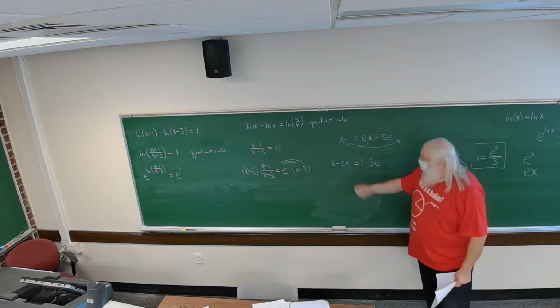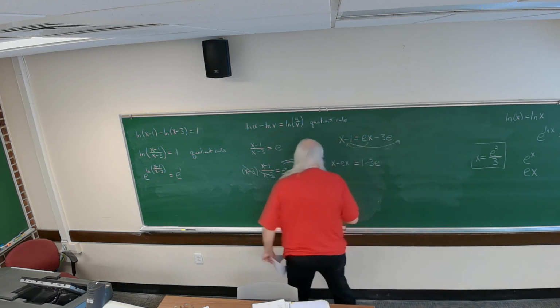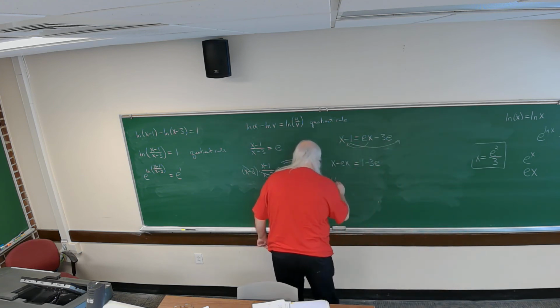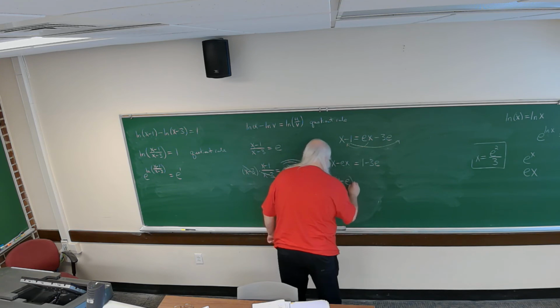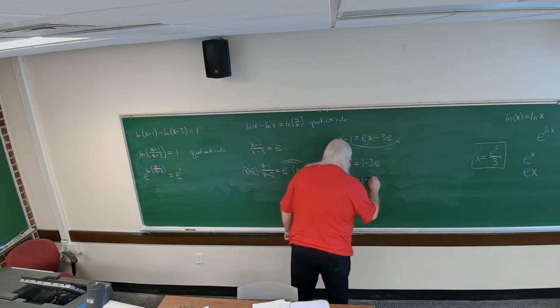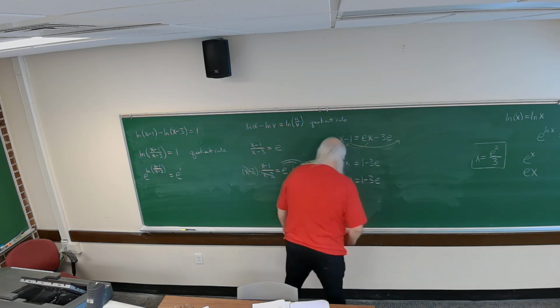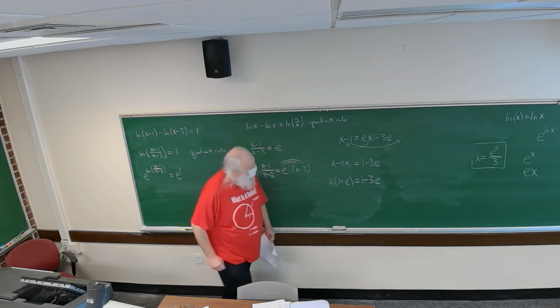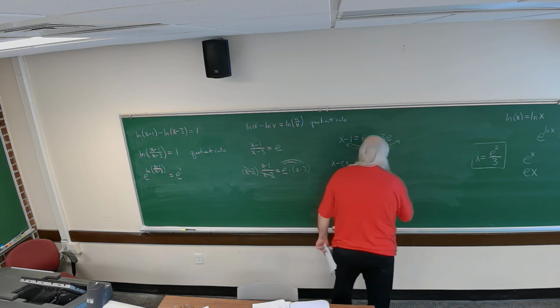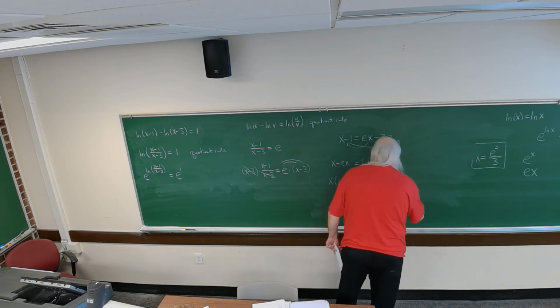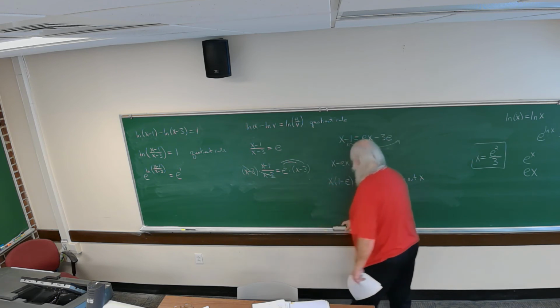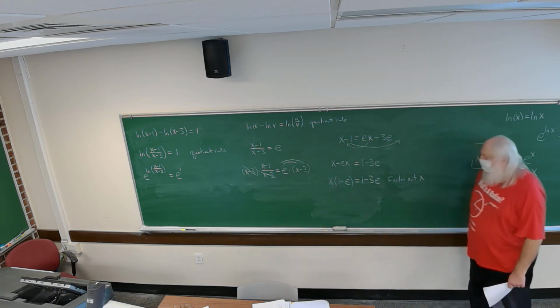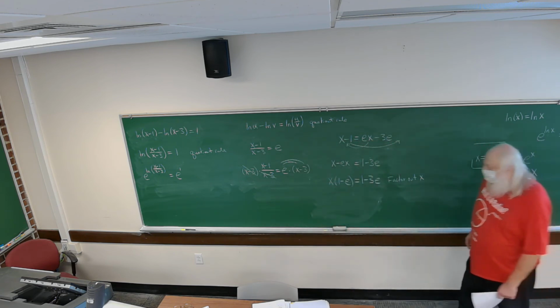So now on the left we can factor out an x. We have x times 1 minus e. x times 1 minus e is equal to 1 minus 3e.